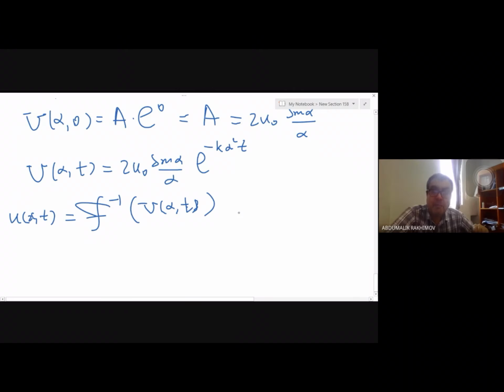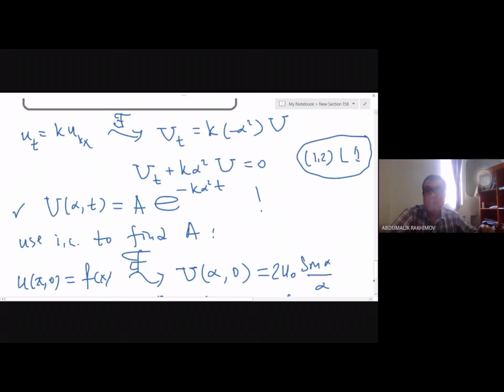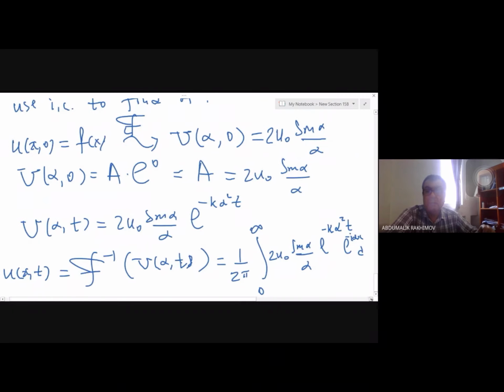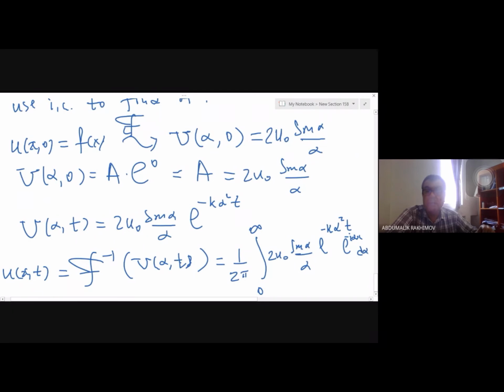If you apply the formula, it is 1 over 2 pi integral from 0 to infinity, u0, which is a constant I can write outside, sine alpha over alpha, exponential minus k times alpha square t, exponential minus iota alpha x d alpha. Right?